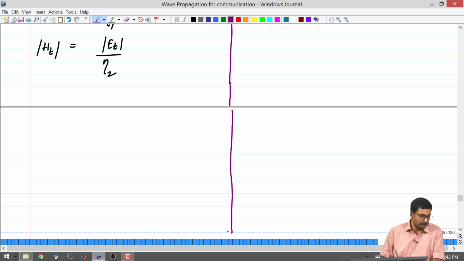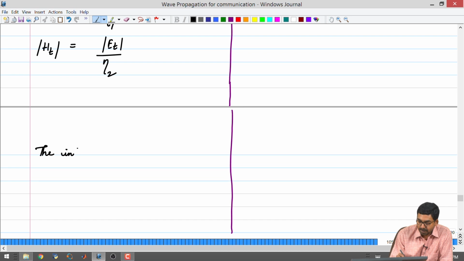So, all we need to do now is we need to look at the boundary or the interface. So, here the interface is at conveniently z equal to 0.